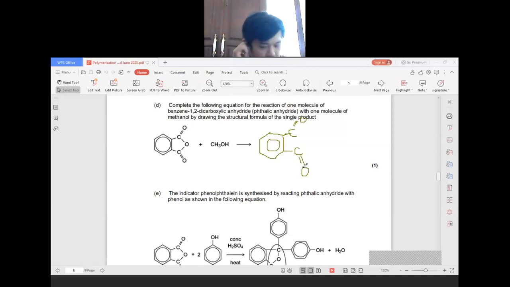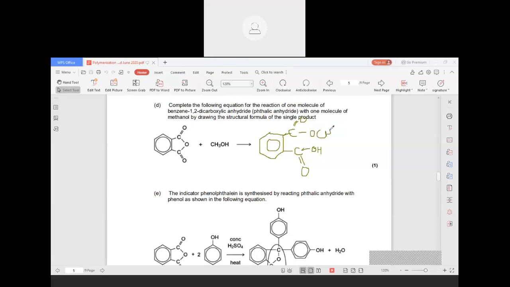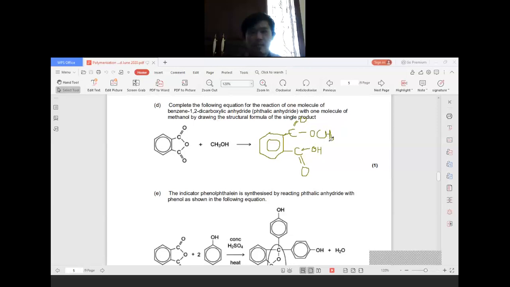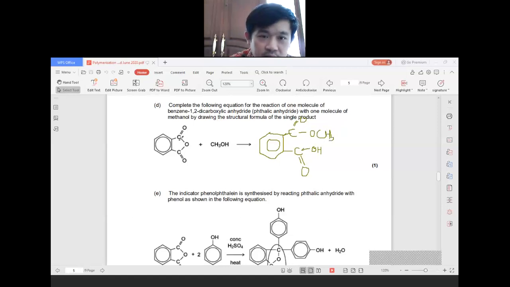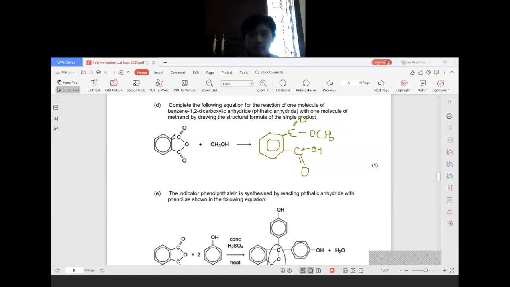But this one is the difficult one. One of them becomes OH, and this one becomes OCH3. So one of them becomes an ester, and the other becomes a carboxylic acid. Because of the benzene, it does not go further; otherwise it would just become a carboxylic acid.